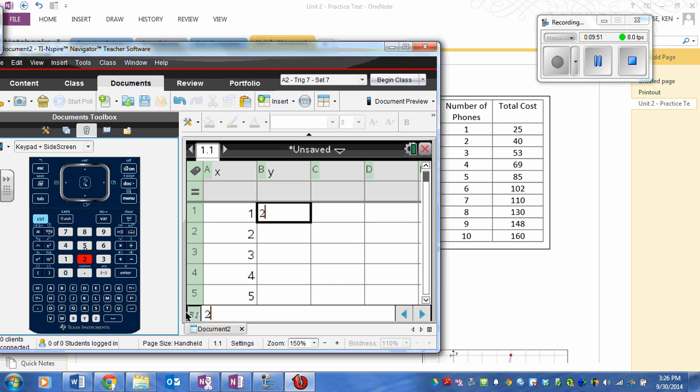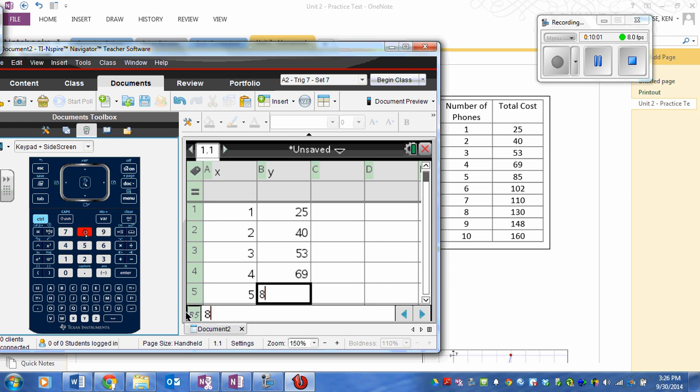Now I'm going to put 25, enter, 40, 53, 69, 85, 102, 110, 30, 48, 60.